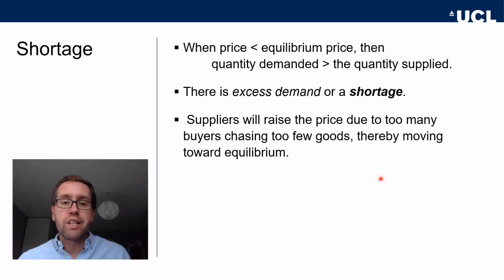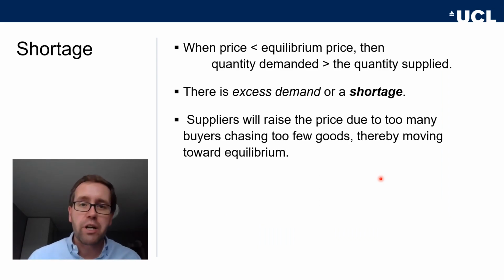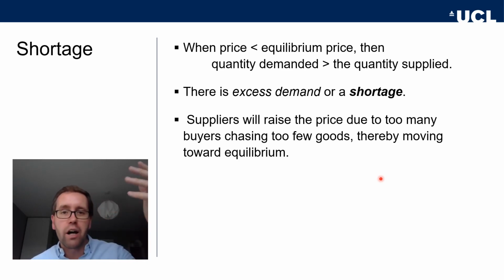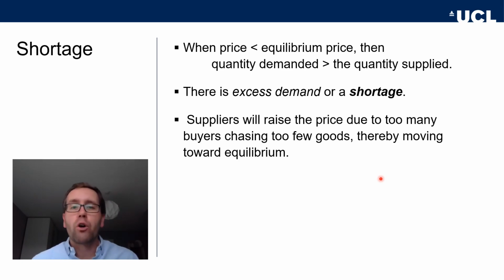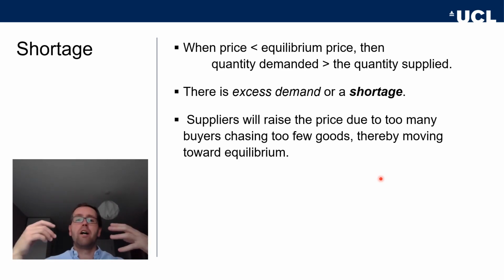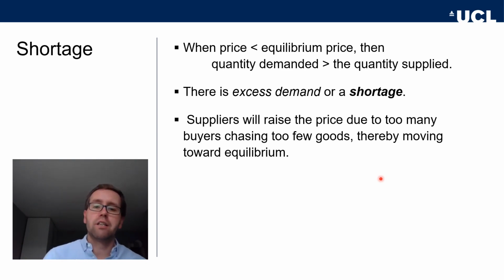So what happens then? Either there has to be some rationing mechanism, so only the first few people get an espresso, or we institute a lottery, or there's a waiting list where you apply and maybe you get an espresso one day. But the more natural response, of course, is that suppliers will raise the price, charging a little bit more because there are so many buyers chasing the goods at this lower price level, until we reach equilibrium.